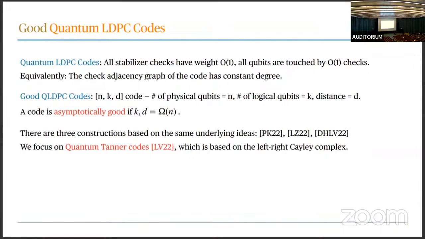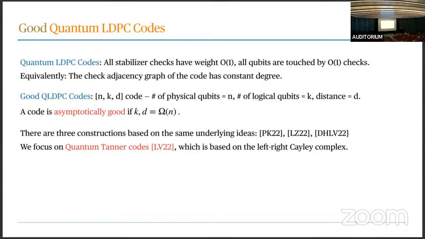But for our paper, we focus on this family introduced by Leverrier and Zémor called quantum Tanner codes. It's one of the families that's perhaps easiest to study among the three families. And yes, we'll talk about how the quantum Tanner code is constructed. I promise to not go into all the technical details, talk about how decoding works, and we'll talk about where we get the single shot from.